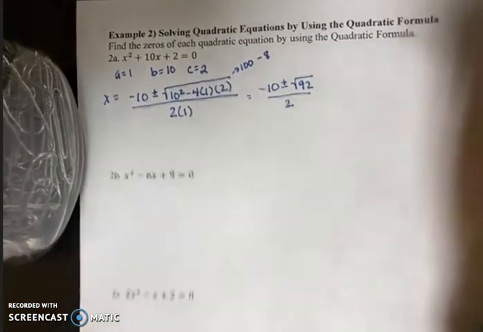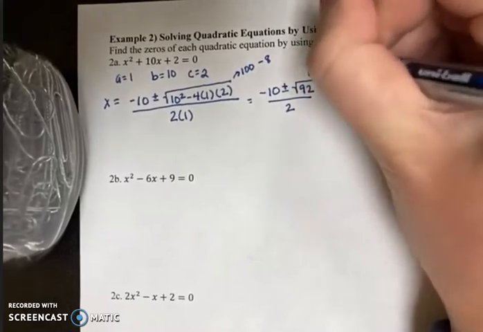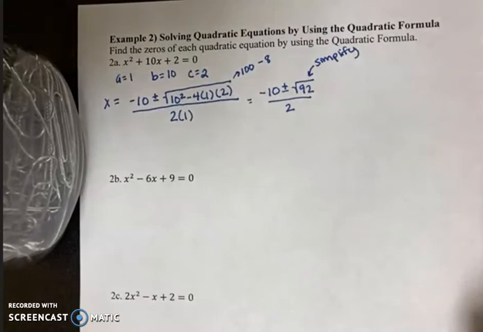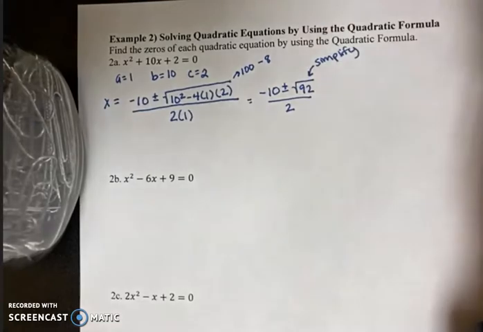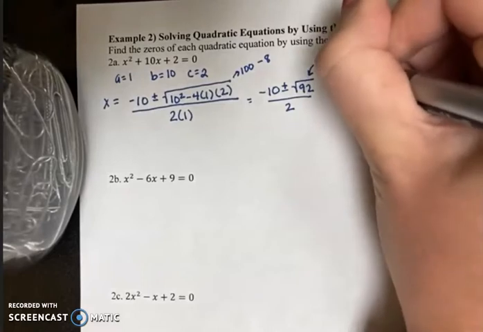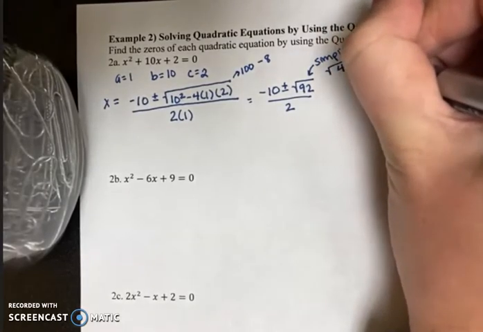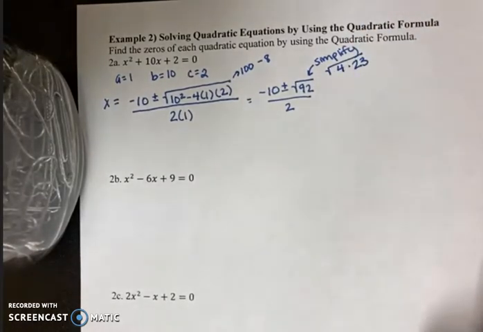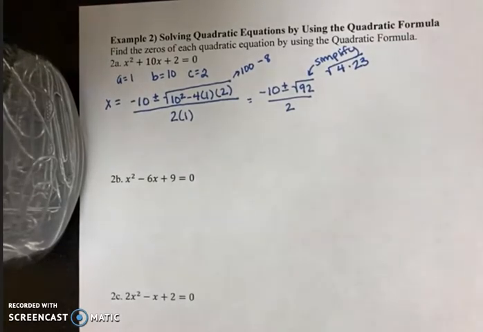I'm not done yet. What we need to do now is see if we can simplify the radical. When we simplify radicals, remember we need to check and see if any of the factors are perfect squares. So when I think of 92 and its factors, the first thing that comes to mind for me is 4 times 23. 4 is the perfect square of 2, and then 23 has no factors that are perfect squares other than 1.